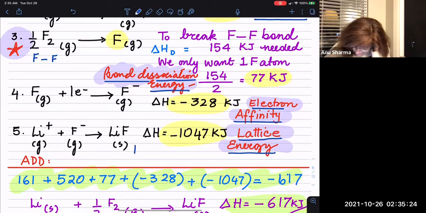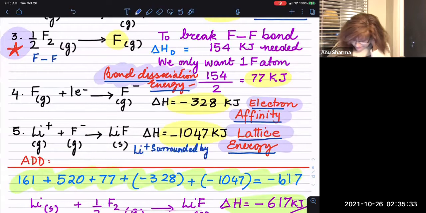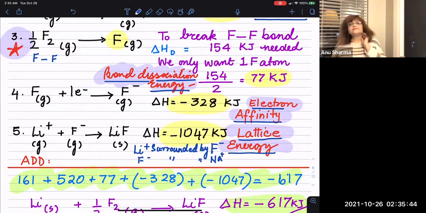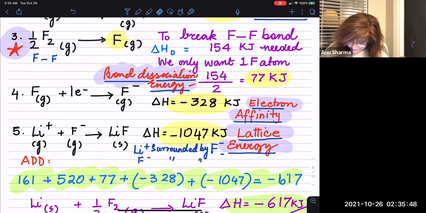So lithium plus 1 charge is surrounded by fluorine negative, and fluorine negative is also surrounded by lithium. Oh, sorry, that's not sodium, that's lithium.